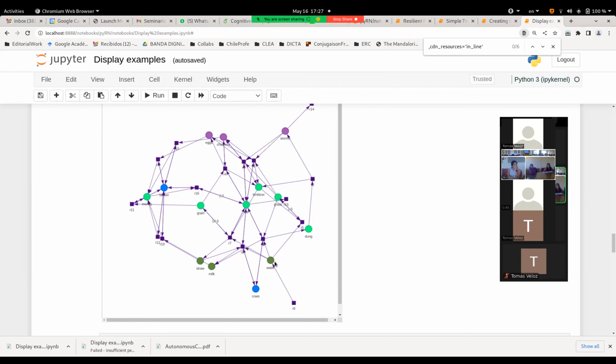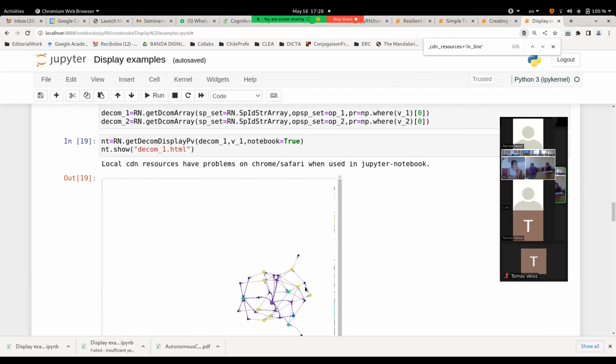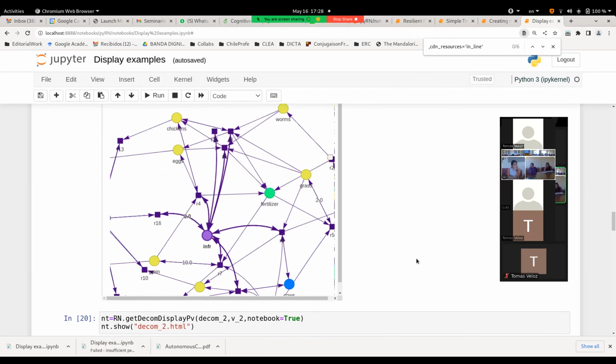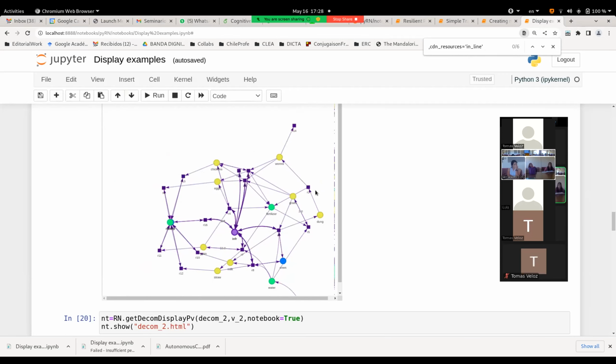So here we got another decomposition where the two separated groups have relatively the same size. In the first case, the decomposition shows only one big group and infrastructure as the two decomposed groups.